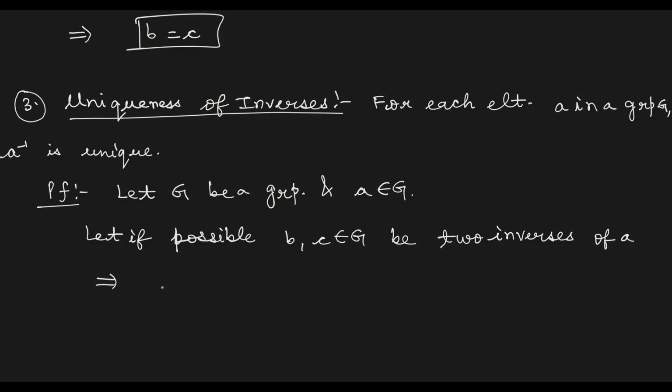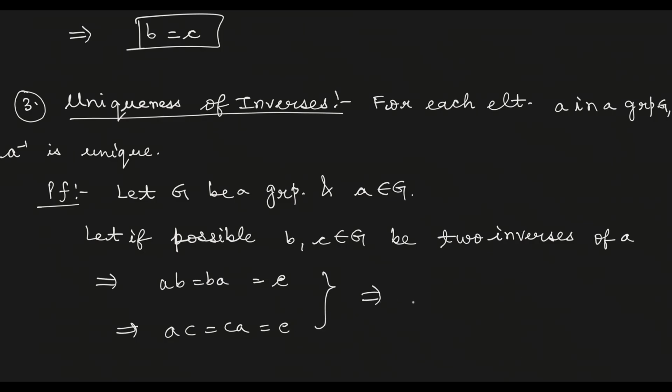So this implies ab is equal to ba is equal to e, and ac is equal to ca is equal to e, because I have supposed that b is an inverse of a and c is also an inverse of a.